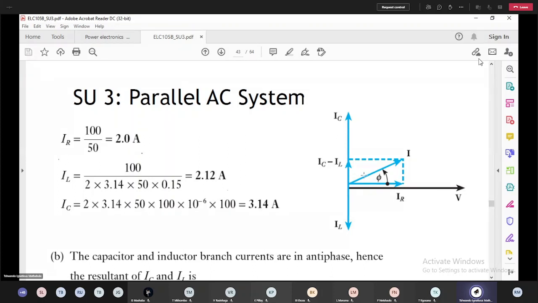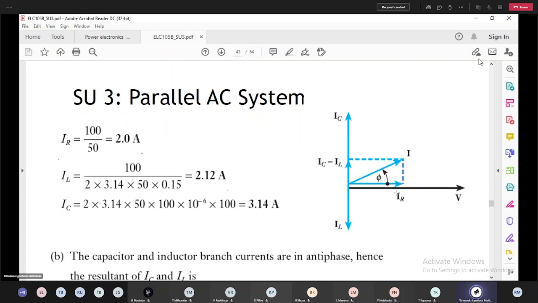Effectively, it means that you can subtract the currents from each other. And in this instance, the IC, the current through the capacitor, is larger than the current through the inductor. So you can have what we would refer to as the resultant current, which is simply IC minus IL. So we can see that the resultant current between the capacitor and the inductor would be capacitive itself.